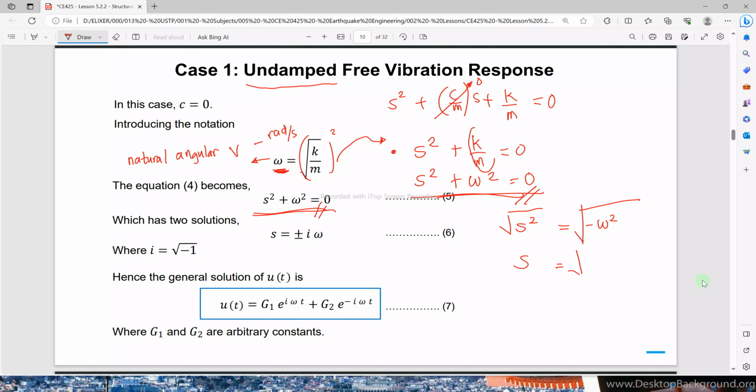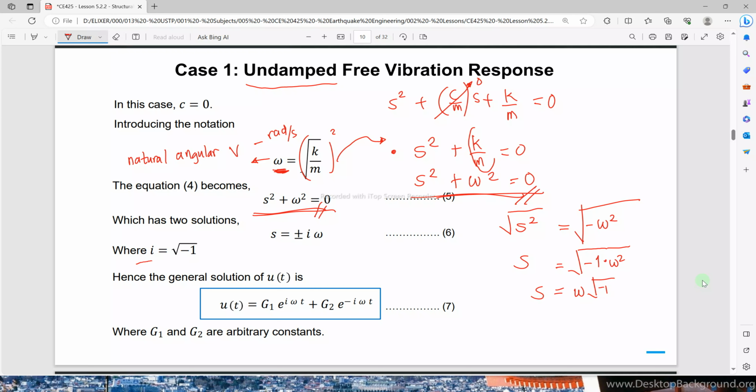So if you remember, if we remove the negative 1 and the omega squared, that will become s is equal to omega times the square root of negative 1.